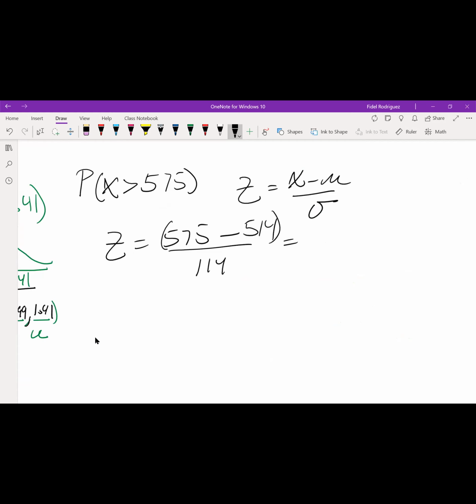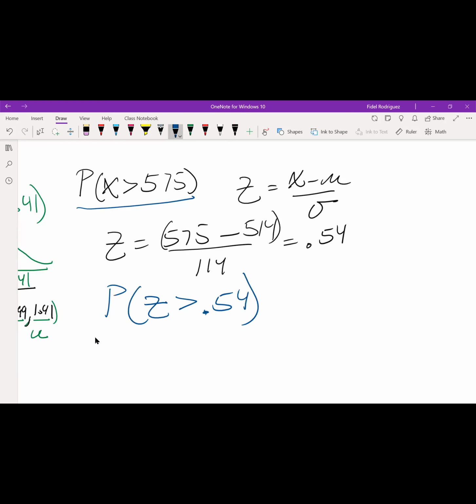And I'm going to convert that to a decimal. So guys, to 2 decimal places, I'm coming up with 0.54. And so again, since we were looking for the probability that X was greater than 575, what we're doing now is we're saying, what's the probability that Z is greater than 0.54?